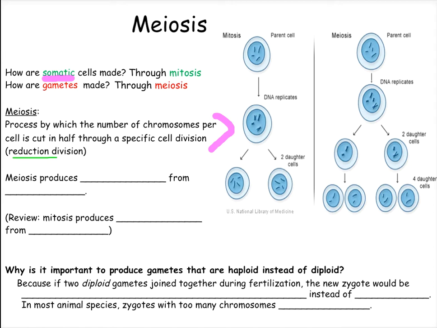We will start meiosis with a diploid cell, just like we start mitosis with a diploid cell. But by the end of meiosis, we are going to produce 4 haploid cells from that diploid cell. So actually, you can see that here. Here we've got, at the end, 4 cells.